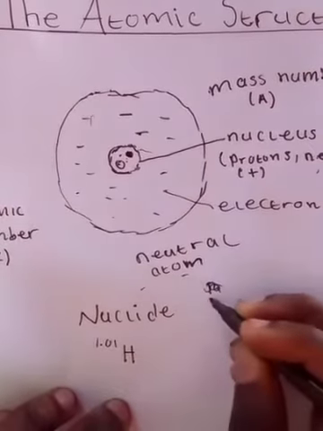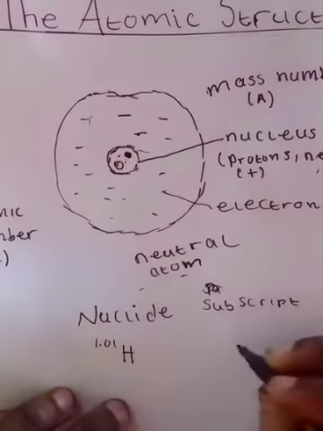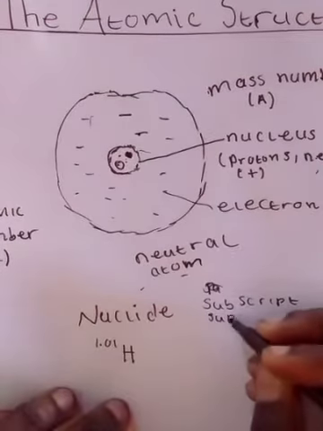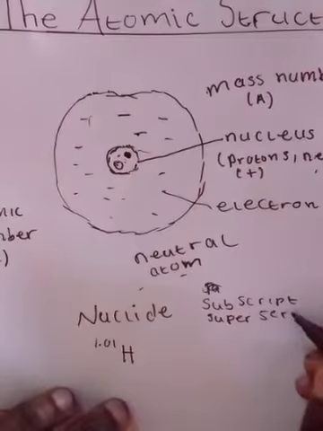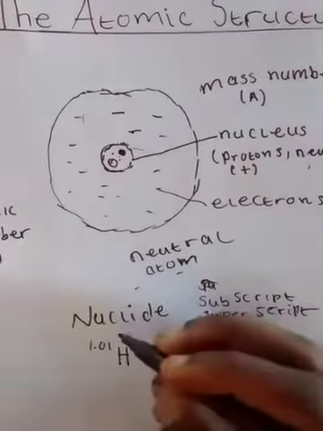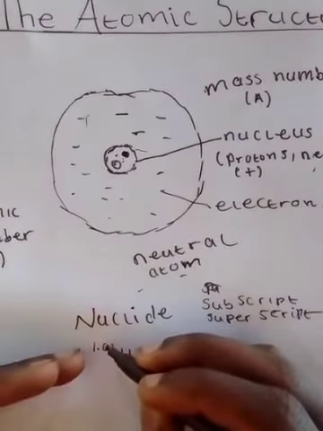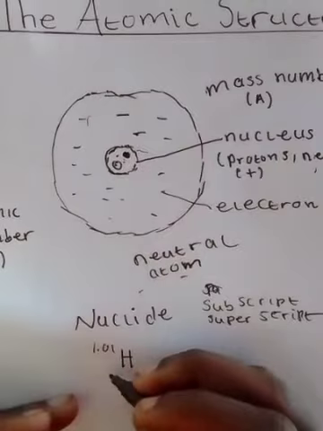Subscript and superscript. Okay, so now the superscript, you put the mass number, then here at the subscript, sub is below. Okay, you just need to be remembering them like that.